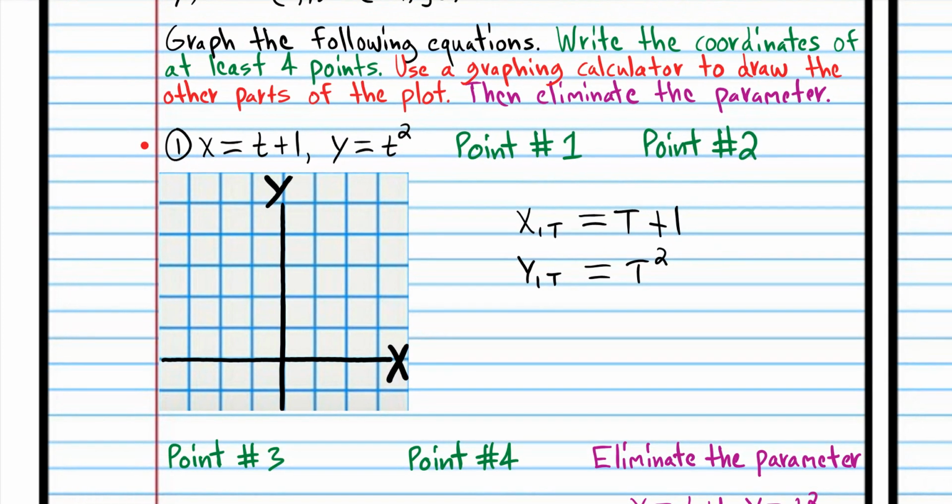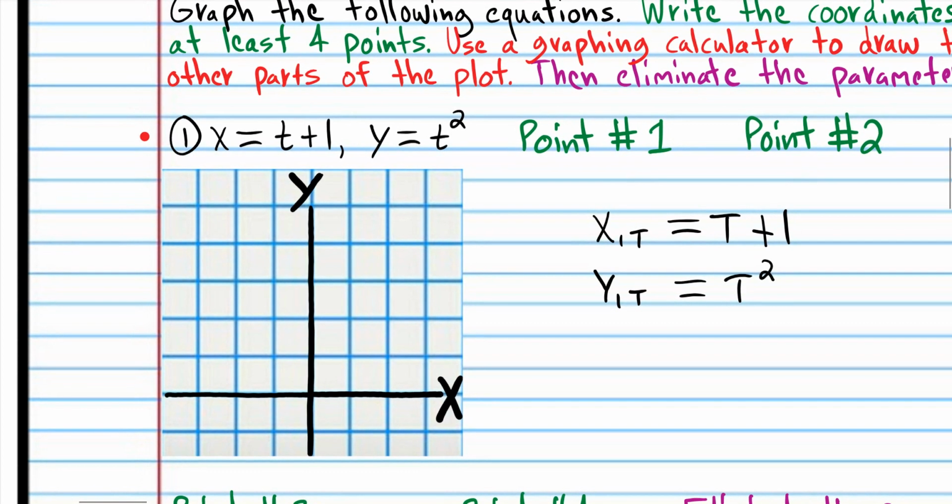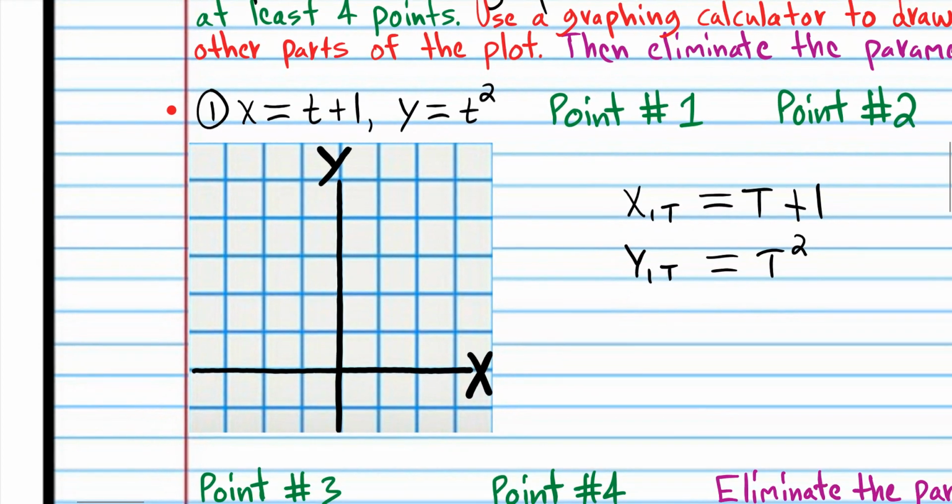So now we're going to make sure that our window is correct. So we're going to press the window button right next to the y equals button. It's the table set F2 button, the window button at the upper left. So notice it says T-min and T-max.